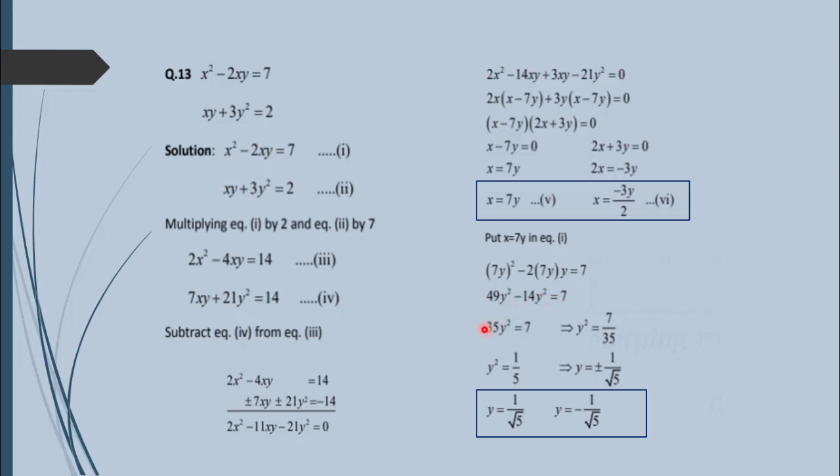Or we can write it as 35y square is equal to 7, or y square is equal to 1 over 5. Taking square root on both sides, we get y is equal to plus minus 1 over square root of 5, which means either y is equal to 1 over square root of 5 or y is equal to minus 1 over square root of 5.